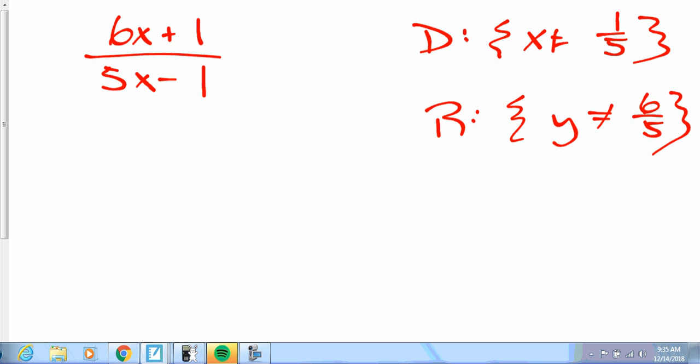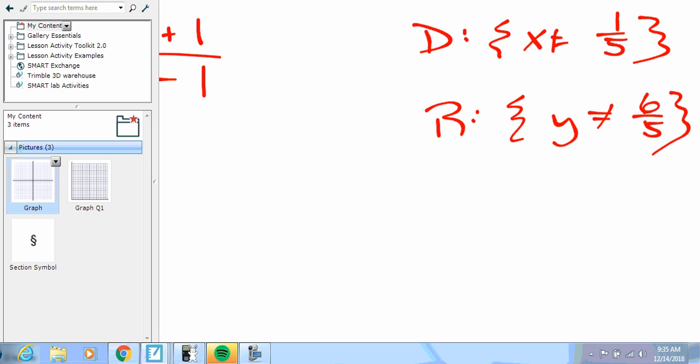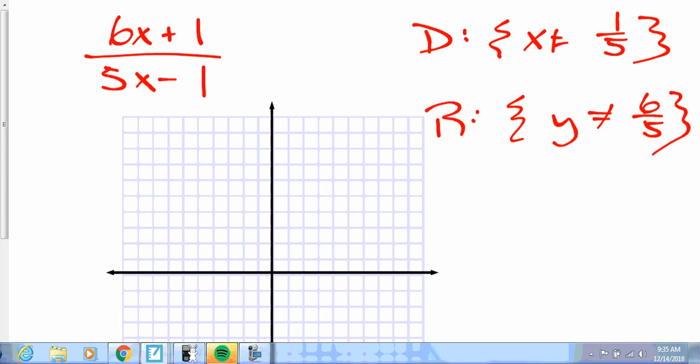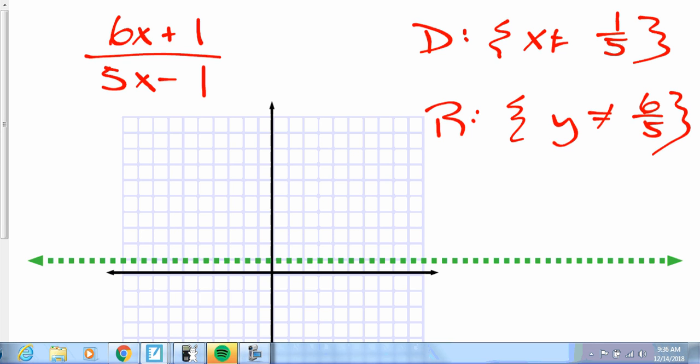So then what I would do when I ask you to graph it, I'd put in my asymptotes. So I put one in at 1/5. One, 2, 3, 4, 5.